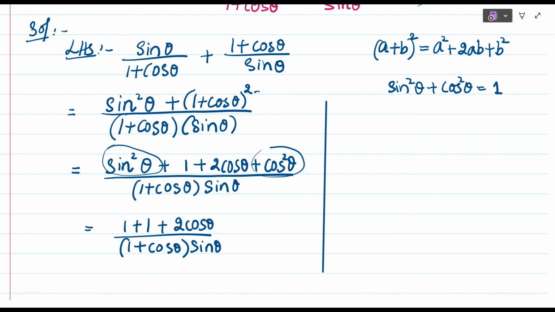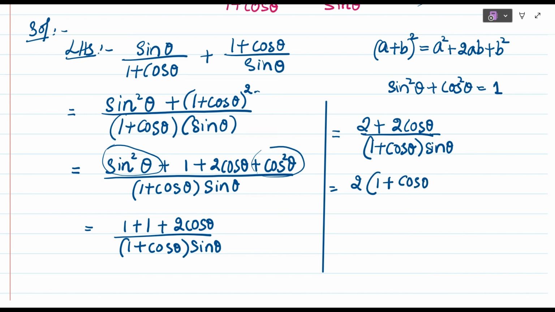Next, in the numerator what are we having? 1 plus 1 gives 2. So 2 plus 2 cos theta by 1 plus cos theta into sin theta in the denominator. In the numerator I am having 2 common, take it out. The first term will become 1 and the second term will have only cos theta. In the denominator we already have 1 plus cos theta into sin theta.